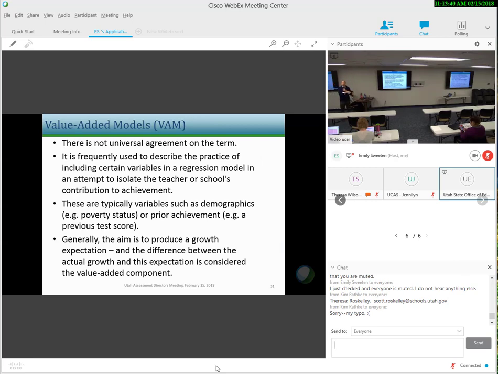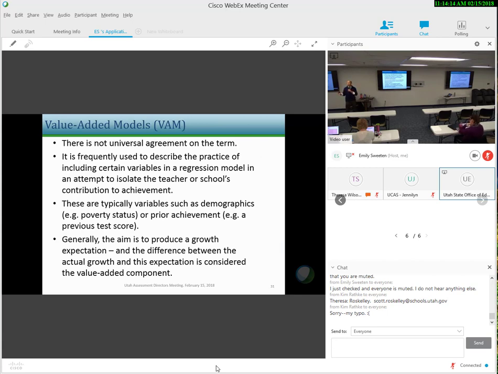Now, they're a very powerful evaluation tool. If you want to see if an intervention is working in your schools, and you have the ability to calculate even a relatively simple value-added model or SGPs, it is a good way to get a sense of it. If I control for some factors like prior achievement, average achievement of the kids in the class, or some other things, it could help me figure it out.